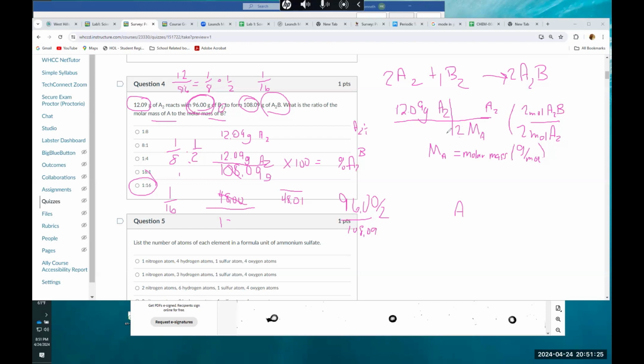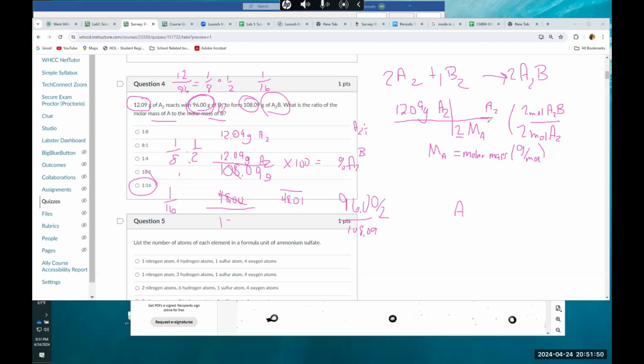So now, because this represents our molar mass of A, we have to multiply it by 2 so that we end up with A2. So that's 1, 2 that we're going to be dividing by. Okay, so then you're right. Instead of multiplying it, we should divide that by, so then that would be 6 something, right?